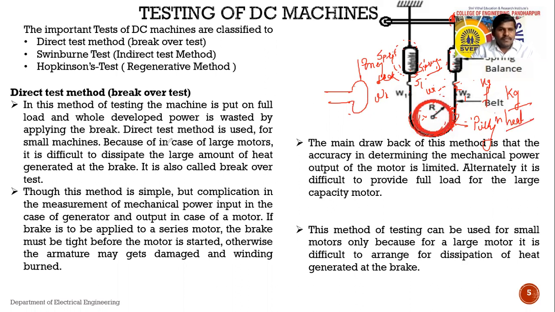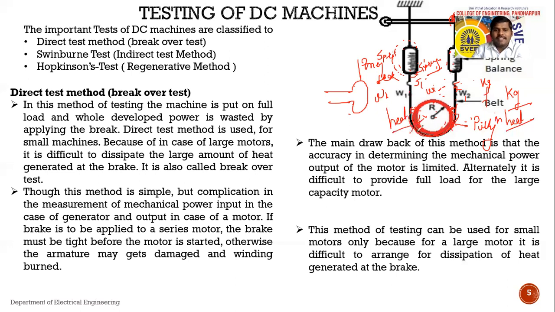Okay. See, the direct method of testing is used for a small machine, because in case of a large machine, it is difficult to dissipate a large amount of heat or power. The friction between this pulley and belt produces heat.